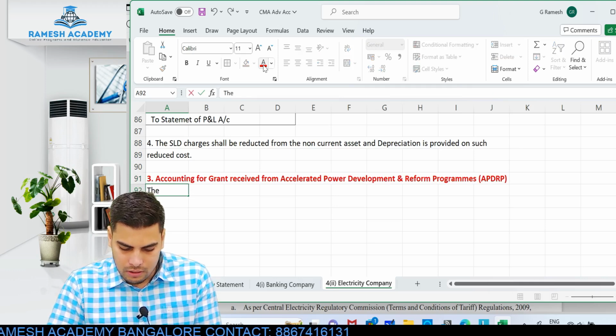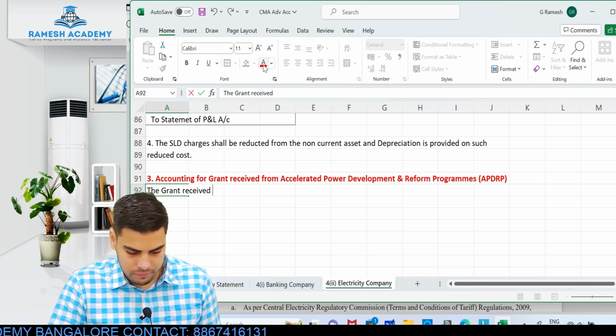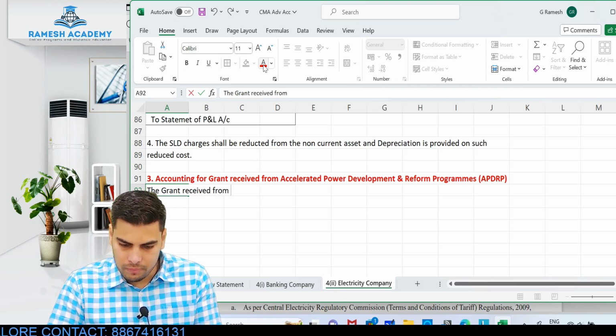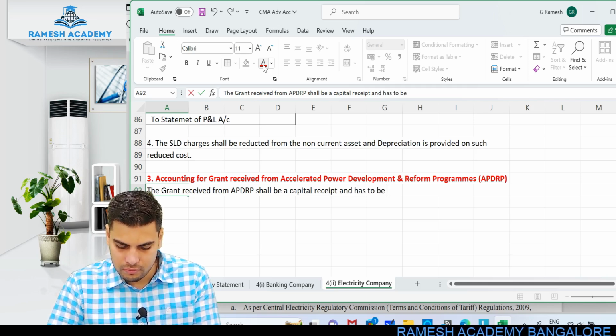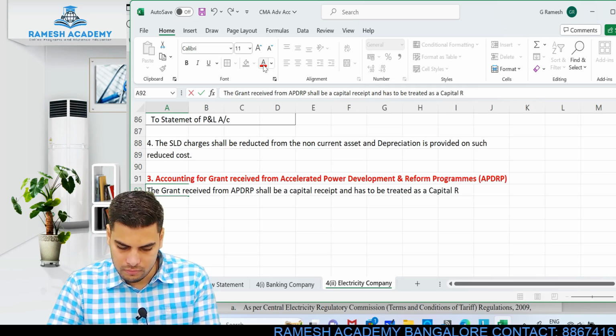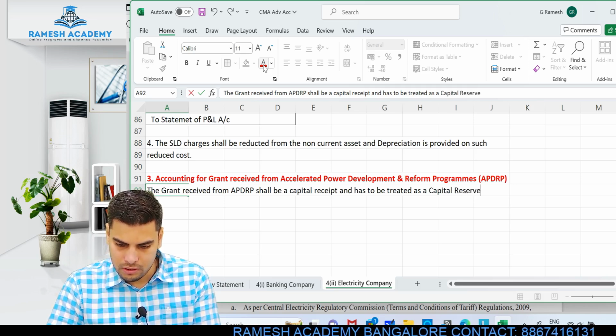The grant received from the Accelerated Power Development and Reform Program shall be a capital receipt and has to be treated as a capital reserve.